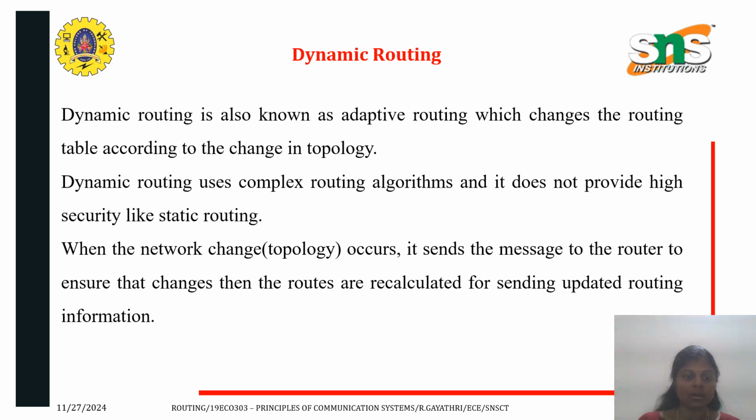When a change in the network topology occurs, it sends a message to the routers to ensure the changes, and then the routes are recalculated and updated routing information is sent.